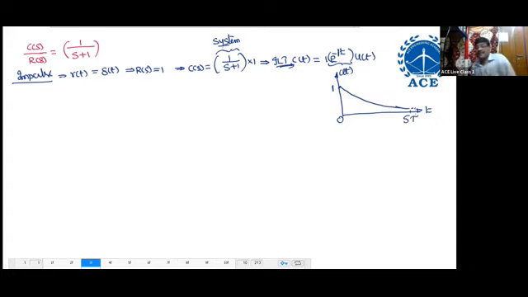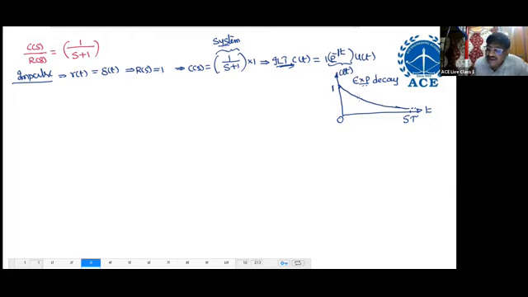So what is the nature of this system? Exponential decay. The nature of the system is exponential decay. We can even say the system is stable because of bounded output.